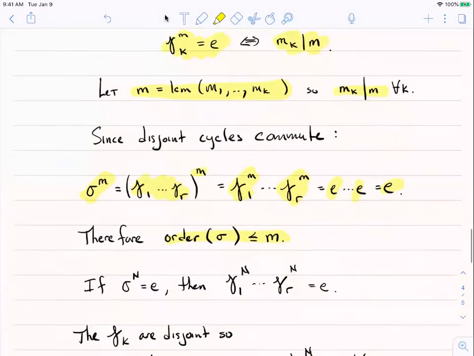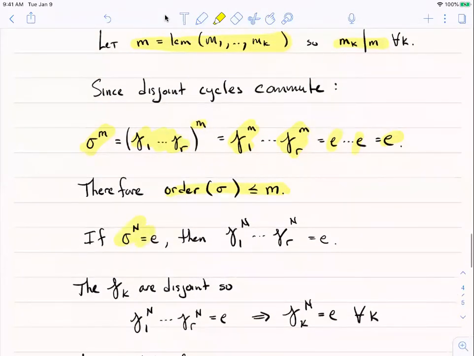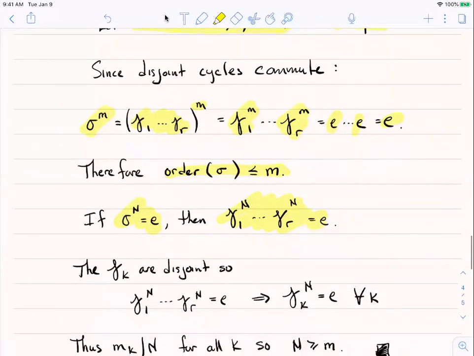So how do I get the reverse inequality? Well, suppose that you have some power of sigma that's the identity. Again, because these cycles are disjoint and they commute, that would imply that gamma 1 to the n times gamma 2 to the n and so on down to gamma r to the n was the identity. But the gammas are disjoint. So if their product is the identity, every single one of them has to be.